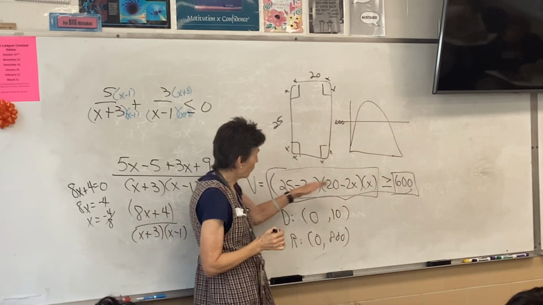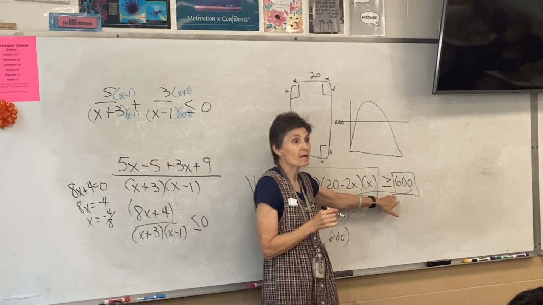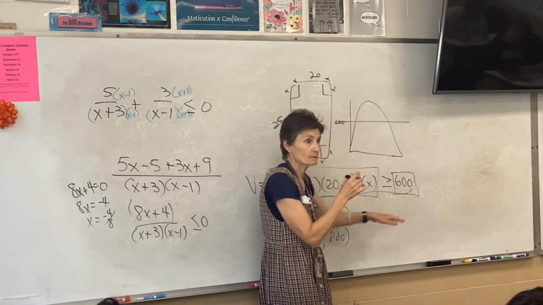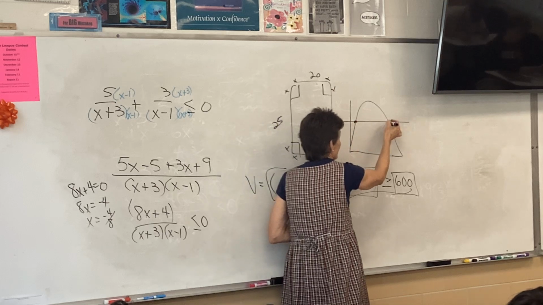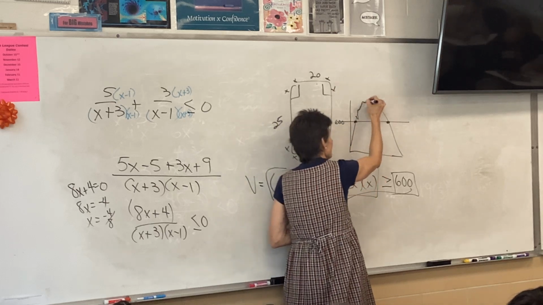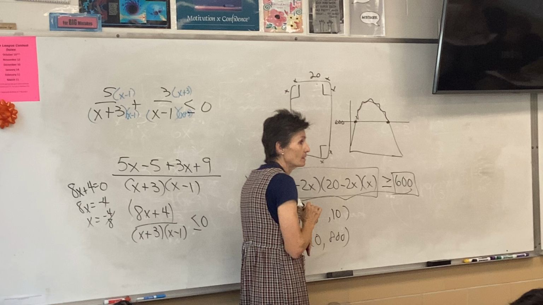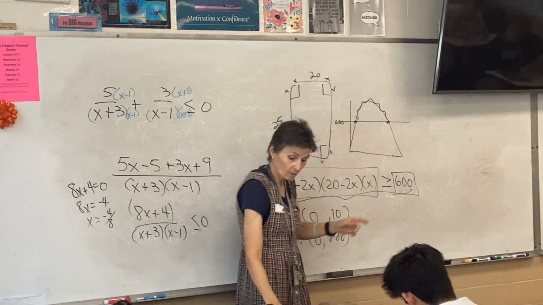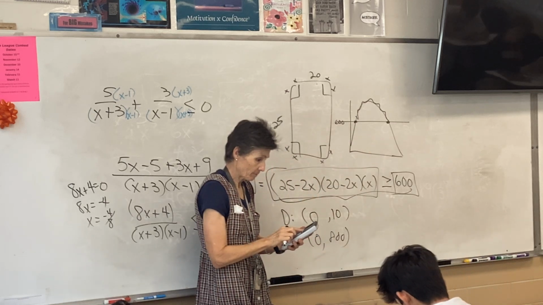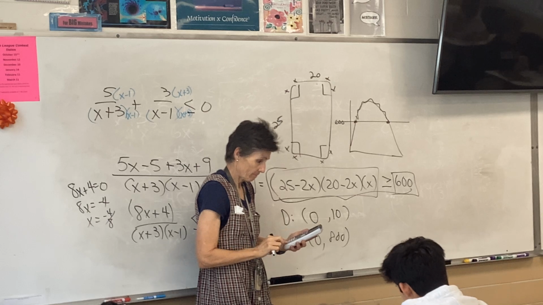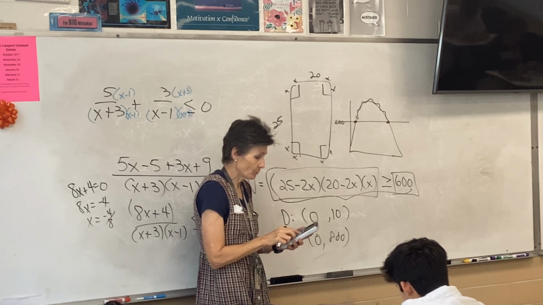We want to know where are we greater than or equal to 600? So here's where we equal 600. And isn't this where we're greater than 600? So we're going to do second calc intersect. Find those 2 points.